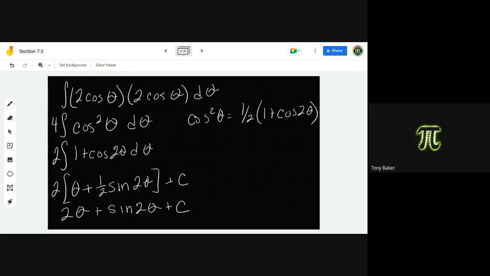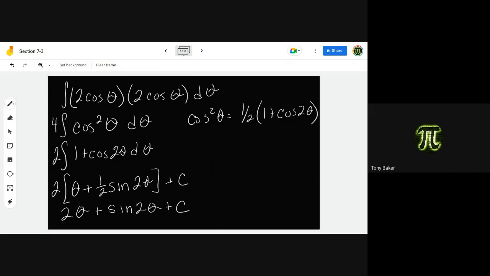I'll give you a second to process. I pulled out the 1/2, which is why that 4 became a 2. And now the integral of 1 is theta. Remember, when you have something inside, you have to do the implied u substitution by pulling that number out, and it's the fraction of it. That's where that 1/2 sine 2 theta comes from.